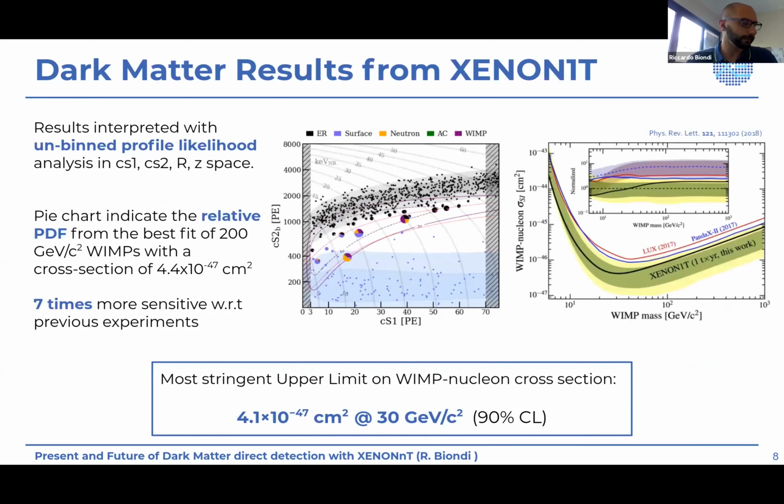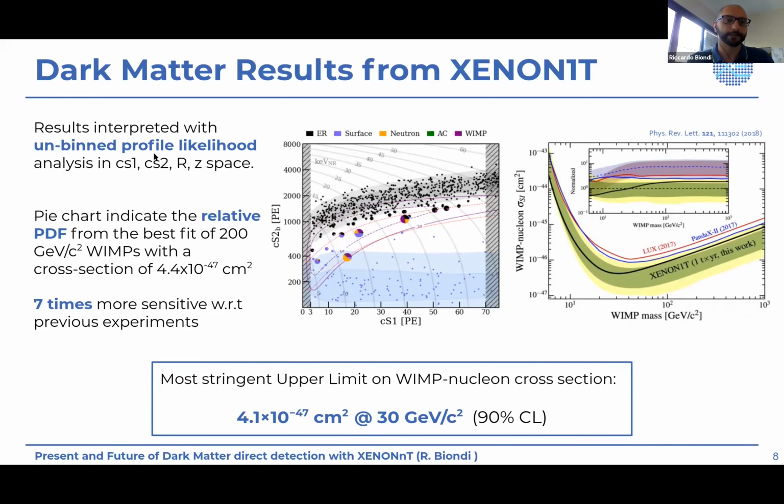First of all, let's stick to the main argument, that is dark matter search. So no WIMPs showed up so far, so we can set a limit. And you can see here all the candidate events as a WIMP event.